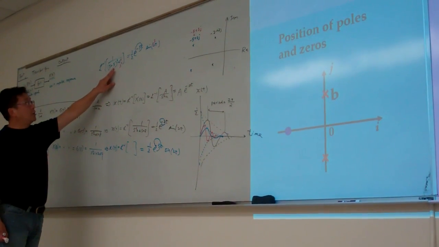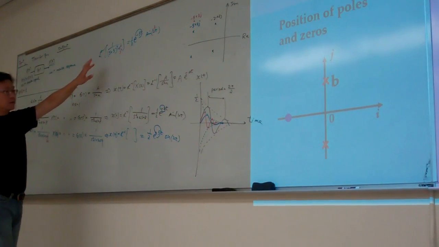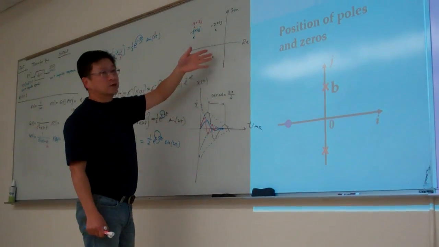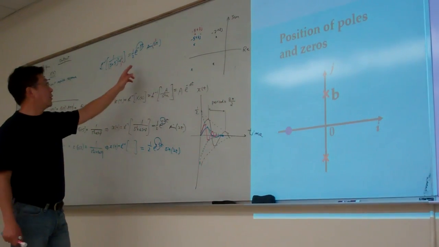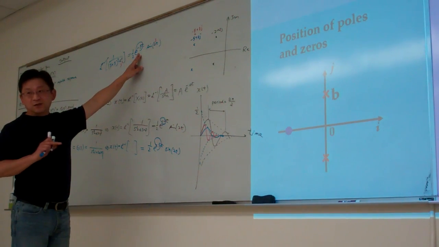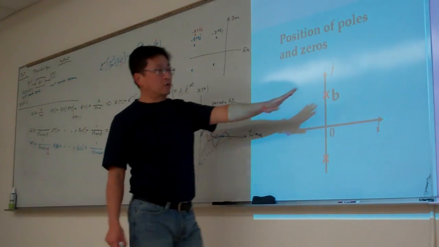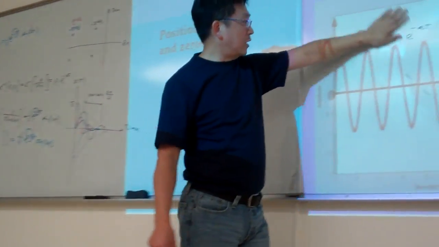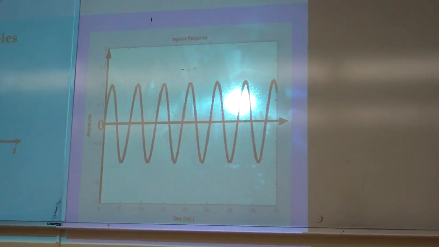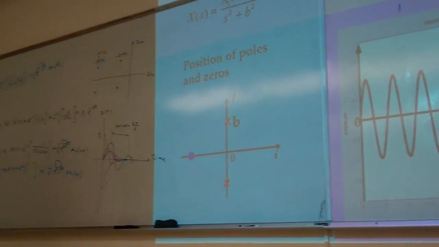So if we don't have the real part, if the location of the poles is on the imaginary axis, basically the real part is 0, then basically there's no exponential profile. So accordingly, our curve, without any exponential curve, the oscillation will just keep going on its own. Okay, so hopefully you know what I'm saying here.